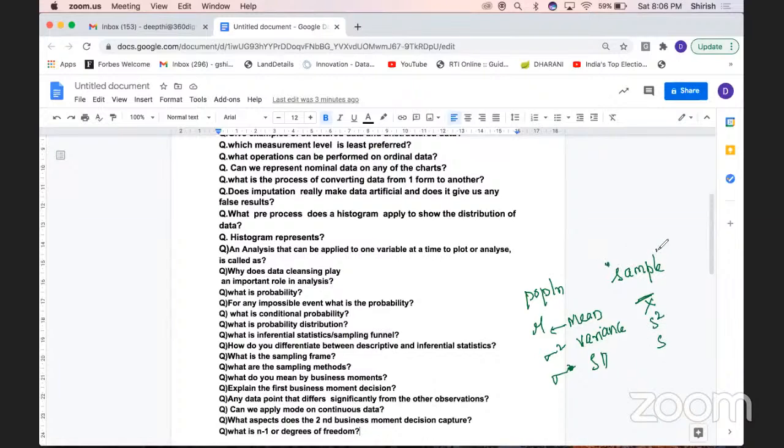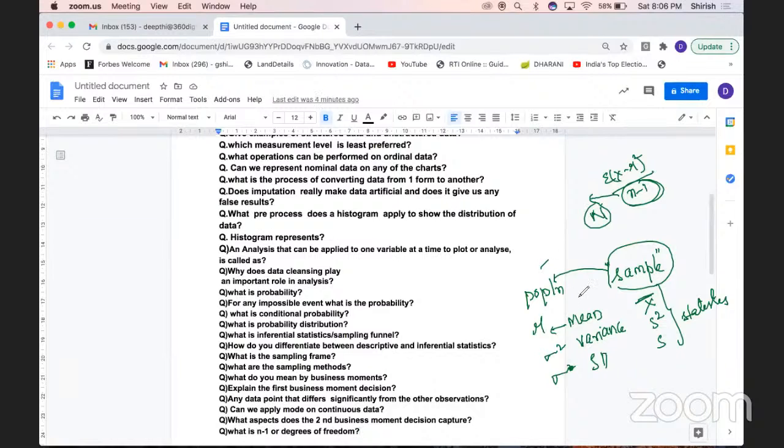So whenever you are working on a sample, these are your sample statistics. Due to the inferential statistics concept, the variance you calculate on the sample should be appropriately near to the population. Statisticians and mathematicians have done research and found that if you put n minus 1 instead of n in the formula, this n minus 1 will help reach the variance of your population.